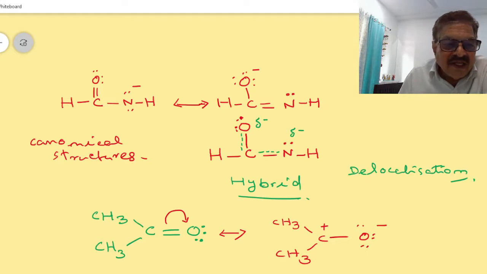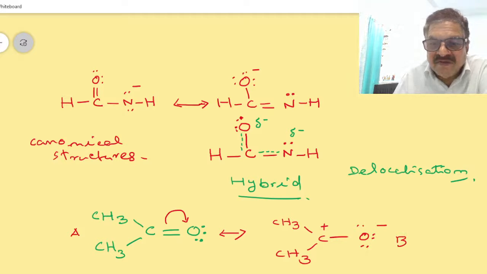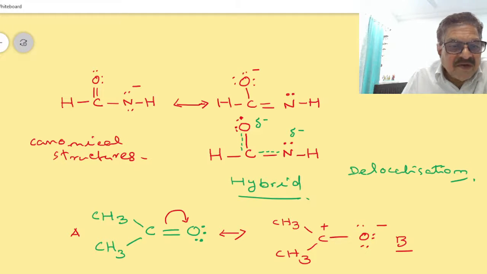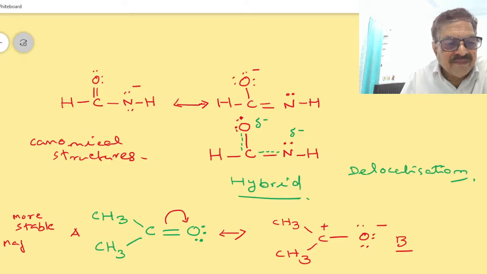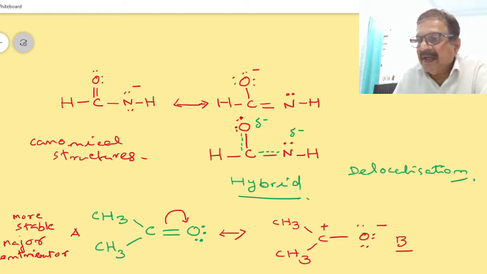Now here the first one is A and the second one is B. In the first one, A, only bonds are there, there is no charge. Therefore this is more stable and a major contributor to the resonance hybrid.